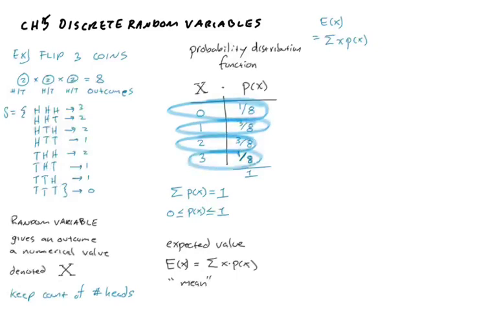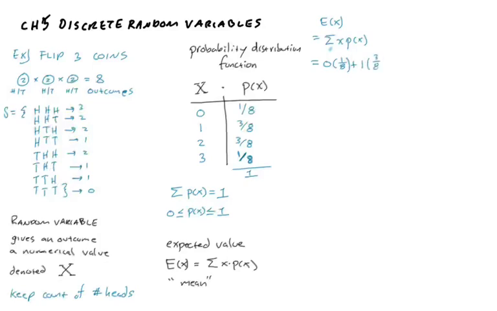That's what this portion is telling us to multiply: X times P of X. Once we do that, we're going to sum all of those up together. So we're going to have 0 times 1/8, then add that to 1 times 3/8, 2 times 3/8, and then also 3 times 1/8.